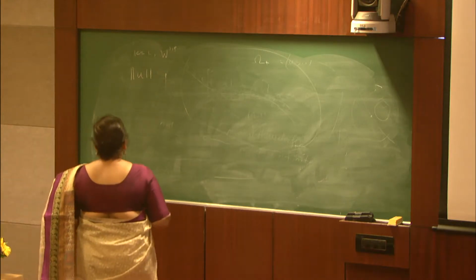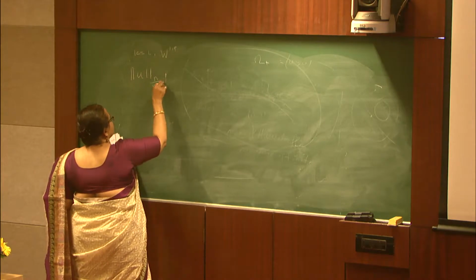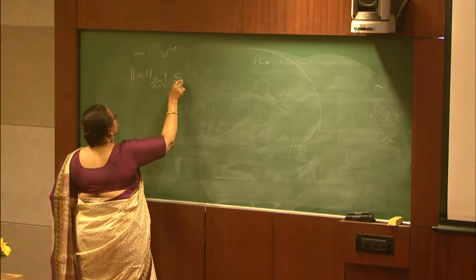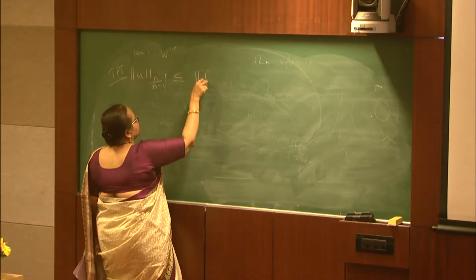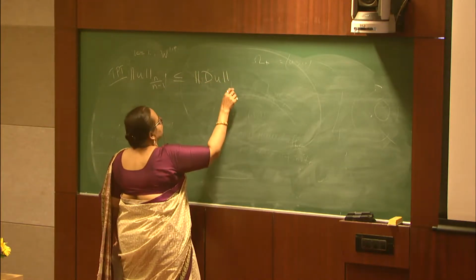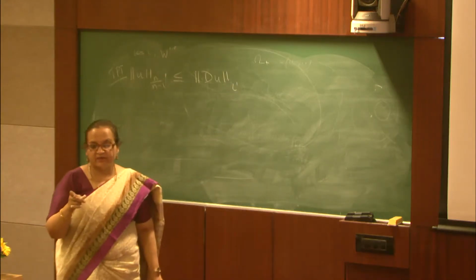If I take p equal to 1, what do I want to show? It is going to be n minus 1, which is less than or equal to the L1 norm. That is the inequality which I have written.